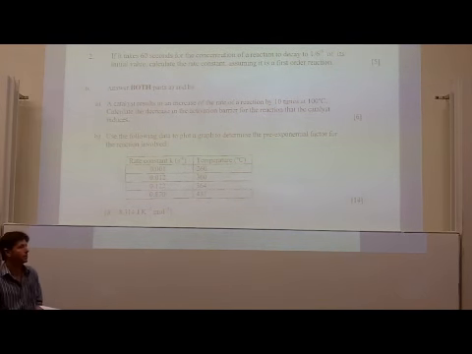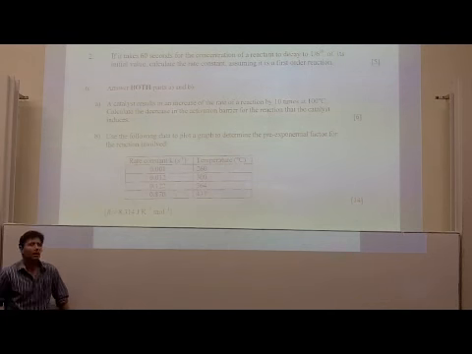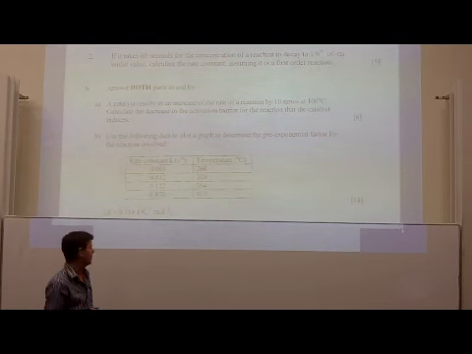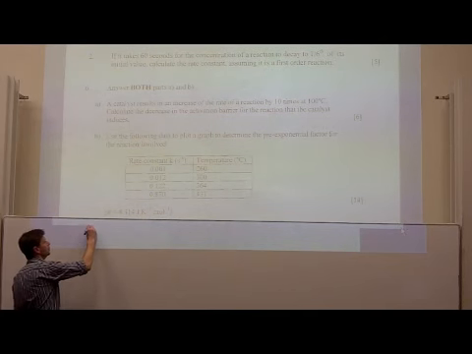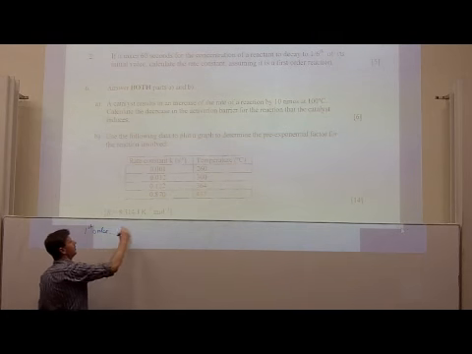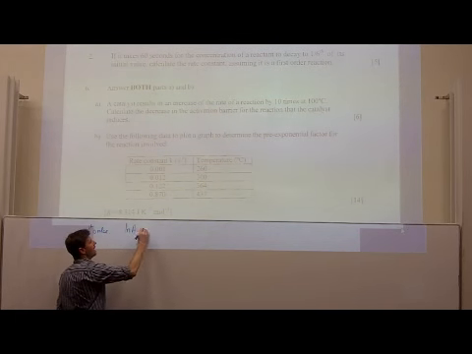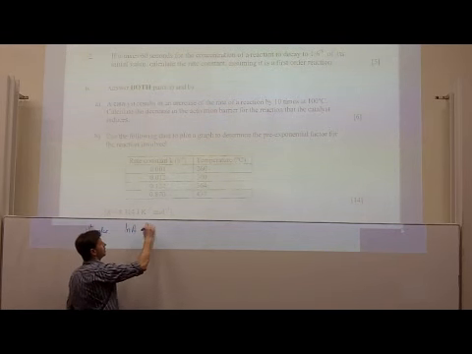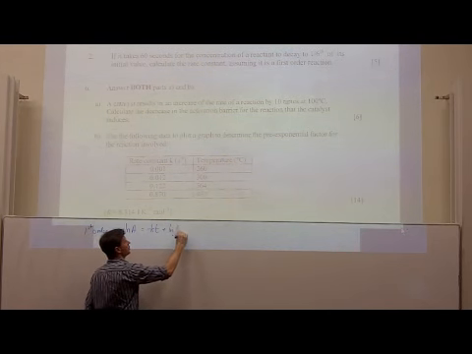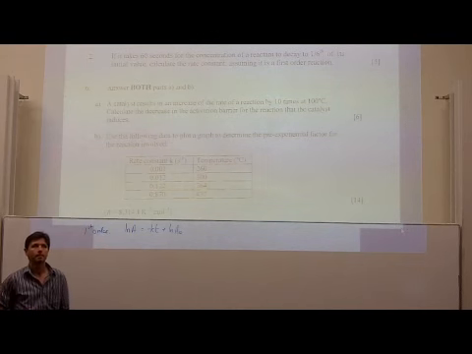So what you need to do is pick out the key phrases, the key bits of information. So the first thing is, it's first order. So you know then that the log of A is equal to minus kt plus the log of the initial concentration.